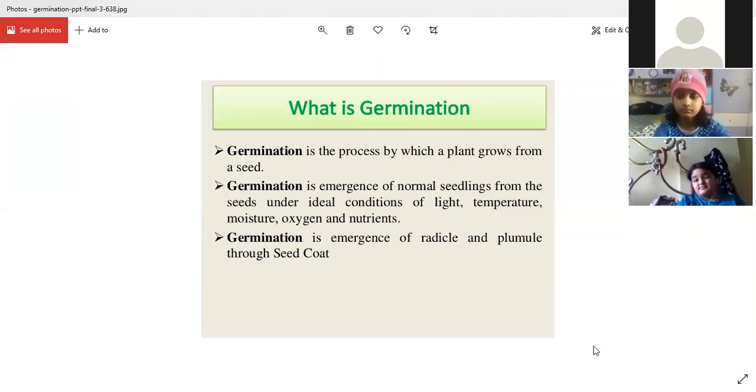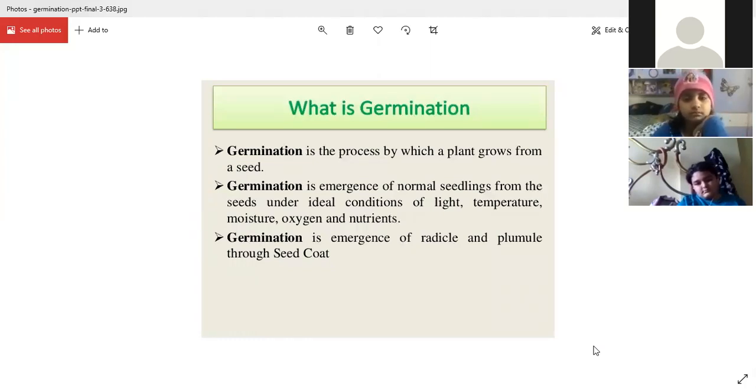Now, if you want your seeds to be grown into a plant, first of all you need to see that your seed must be germinated well, and in order to germinate well you need to follow a few things, or you need to keep an eye on a few of the agents through which your seeds will grow into a plant very effectively. Your oxygen, okay, the oxygen that you give to your seed must be of adequate amount.